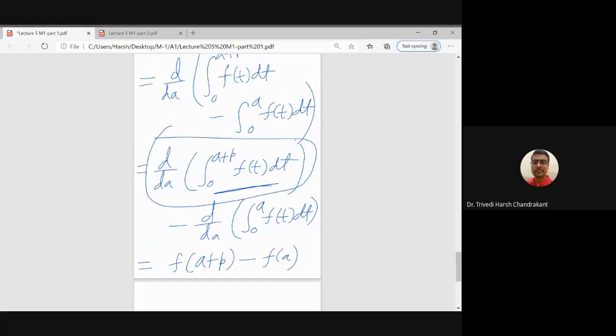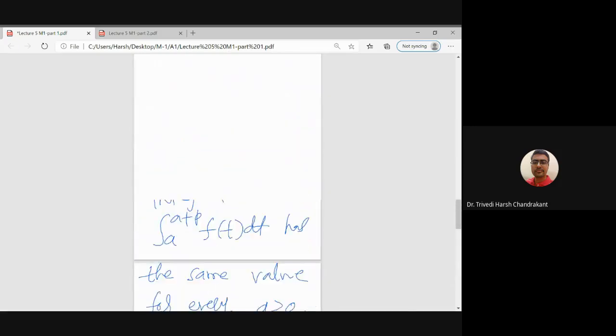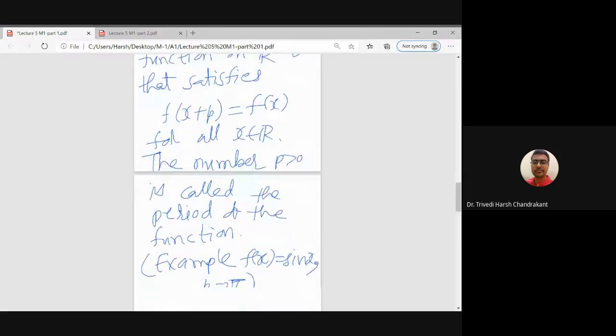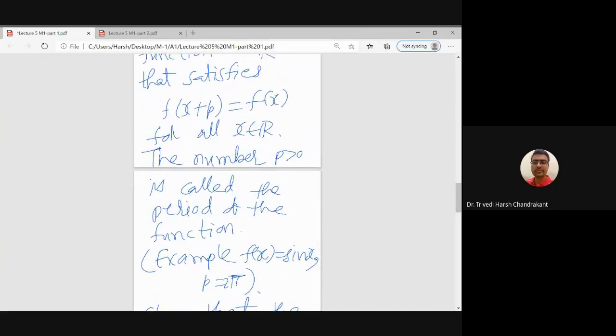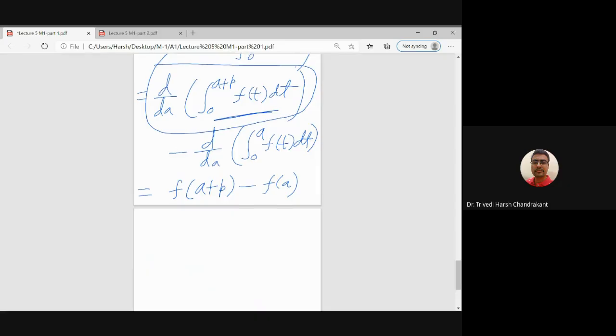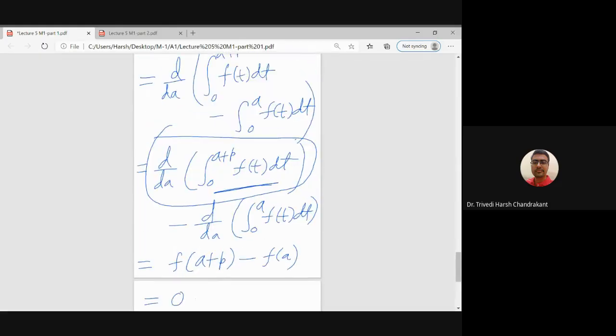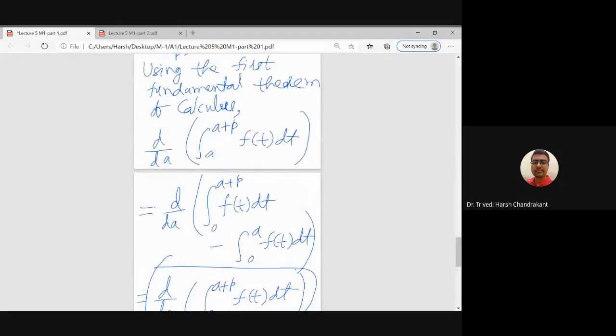Then finally, f is a periodic function, which means the property given is f of x plus p is the same as f of x. So that we can use here. Finally we'll get f of a plus p minus f of a is equal to 0.